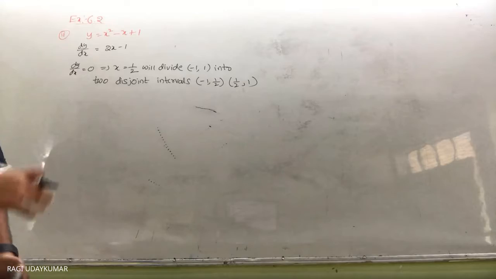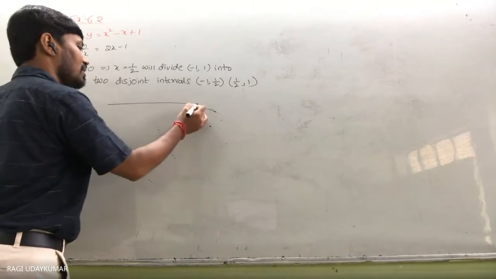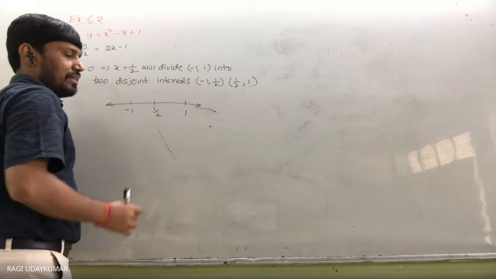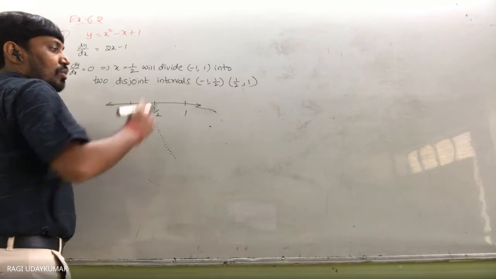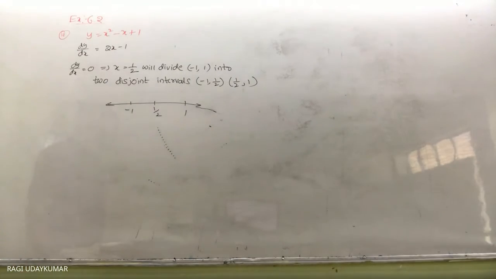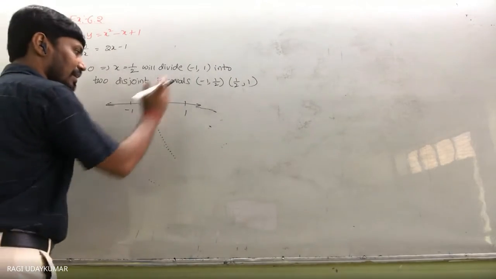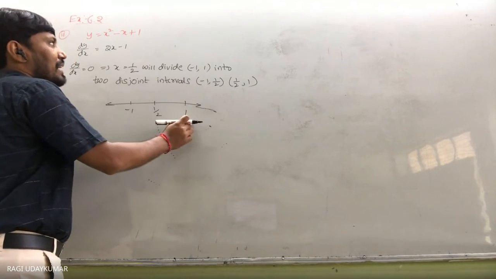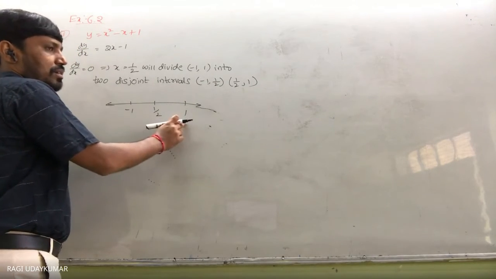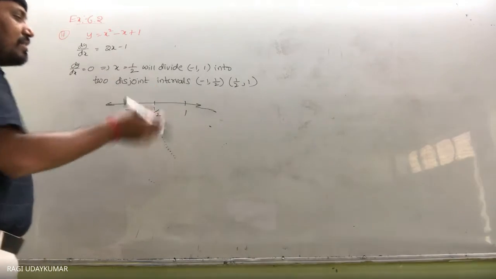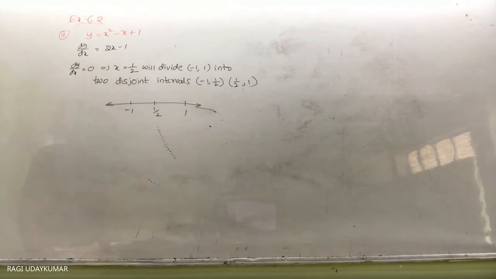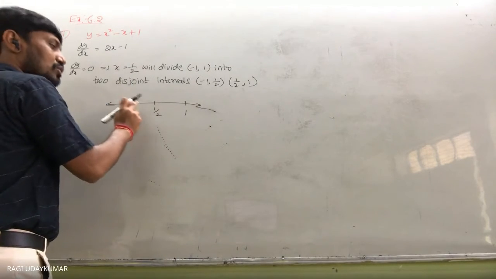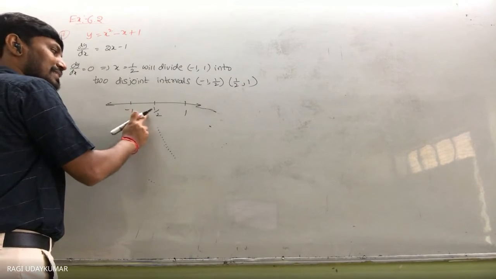So how do you find out whether it is increasing? Yes, you can take the same curve method. Here is minus 1, here is plus 1. Do not take values greater than 1, because the range is given to you here. So whatever value greater than 1 by 2 you take, it is positive. If you take 0 here, you get minus 1, so in this interval it is negative.